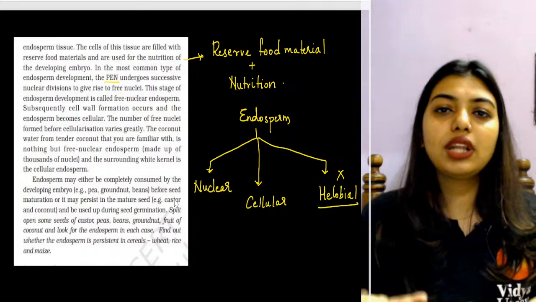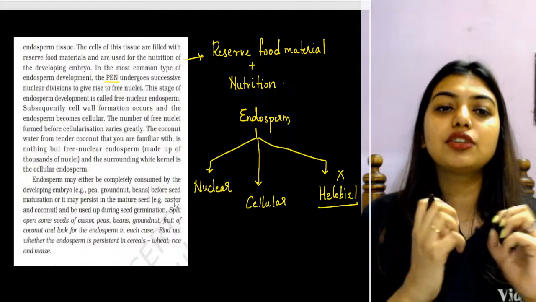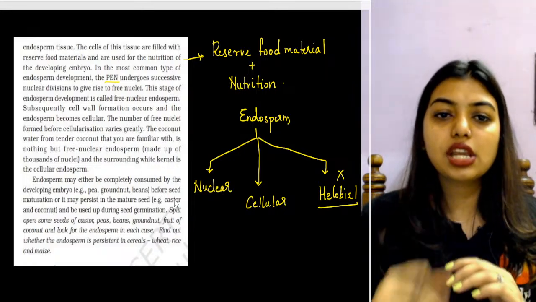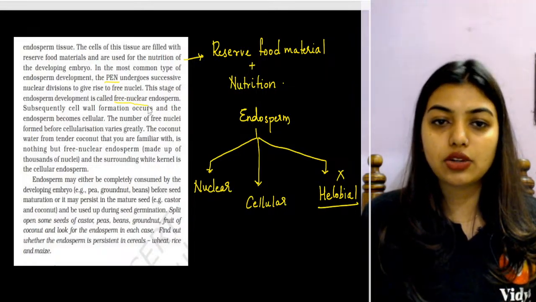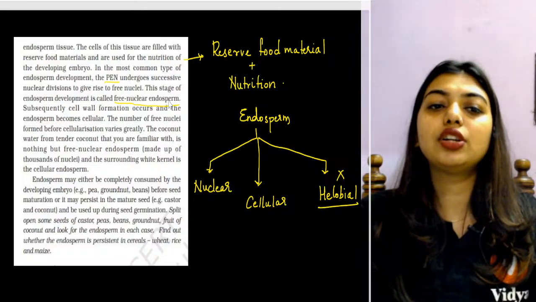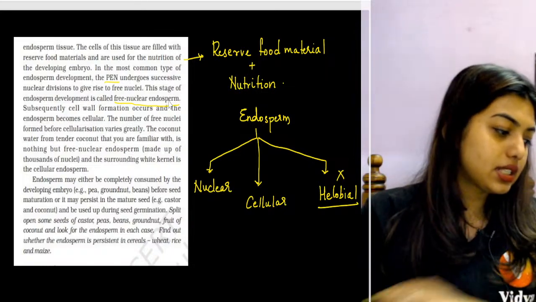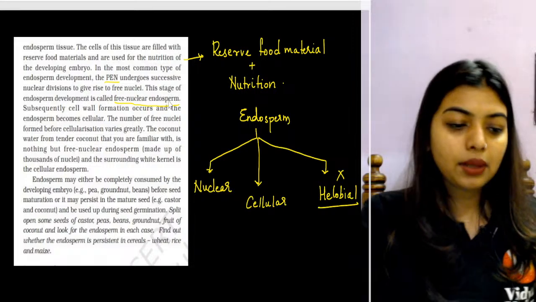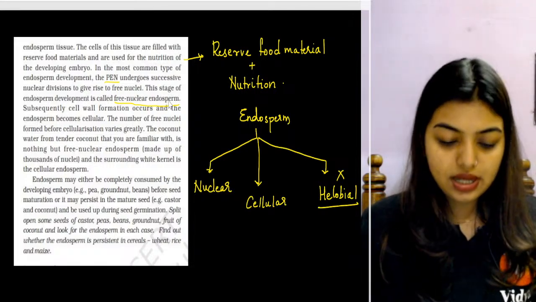Now nuclear means what, students? The division happens and there are free nuclei. This stage of endosperm is called free nuclear endosperm. That means the PEN will undergo nuclear division. Is this clear to all of you?